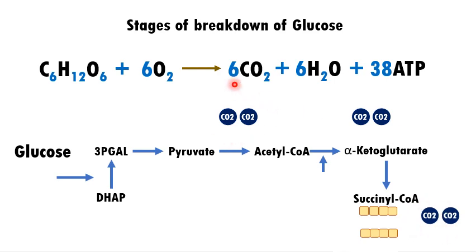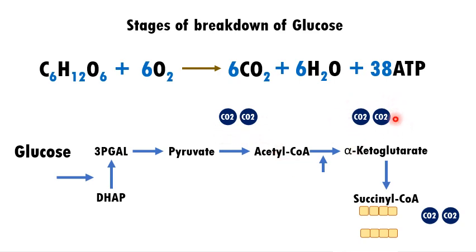If we observe, the 6 carbons of the glucose have been balanced here in the form of carbon dioxides which are produced. First, two carbon dioxides will be produced at the juncture of cytoplasm and mitochondria outer membrane to form acetyl-CoA.